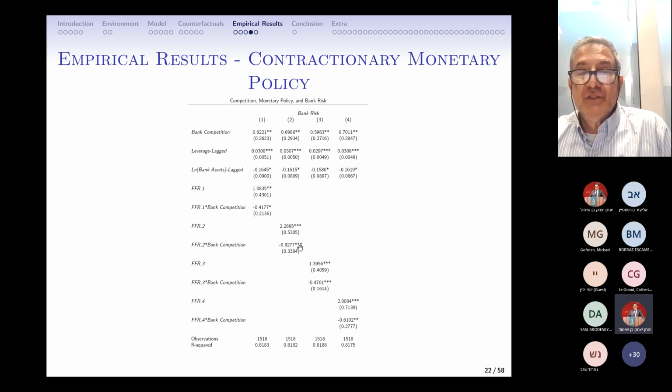There are different measures of how we get these bank-specific changes in exposure to the Fed funds rate. And the model makes predictions about interaction effects there as well, and the data is corroborating the predictions of the model along that dimension.